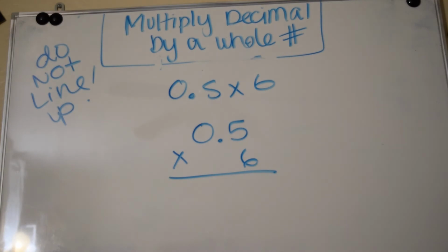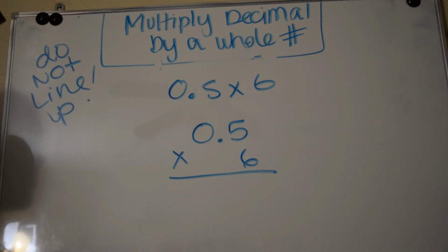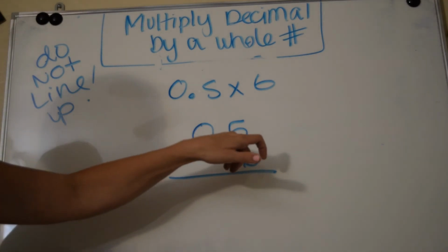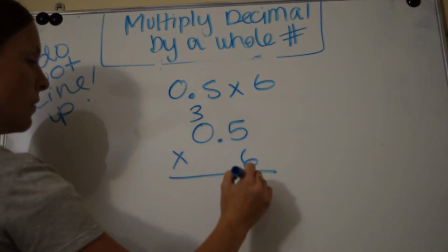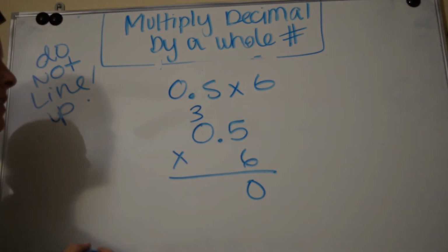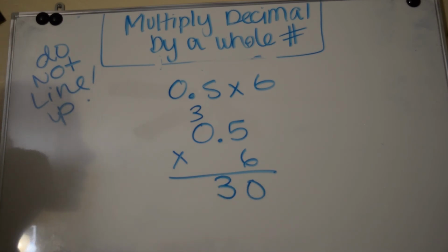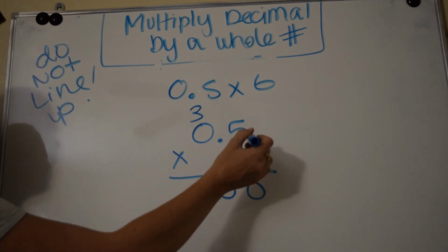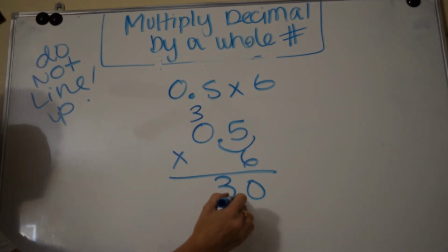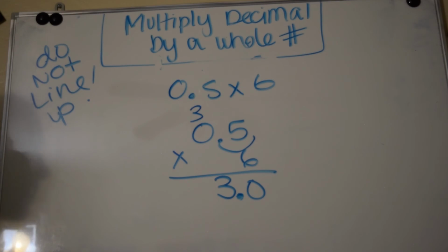I didn't line up decimals. I just stacked it like we were multiplying. 6 times 5 is 30. 6 times 0 is 0, plus 3 gives me a 3. Now our answer is not 30. I need to count how many spaces the decimal is. It's just 1, so our answer is 3, or 3.0.